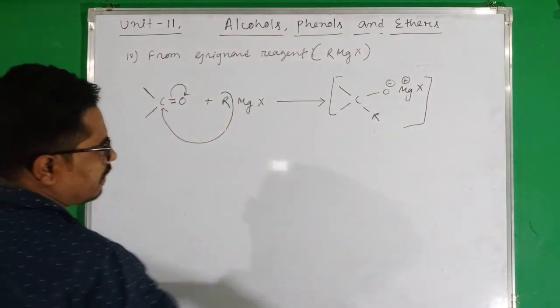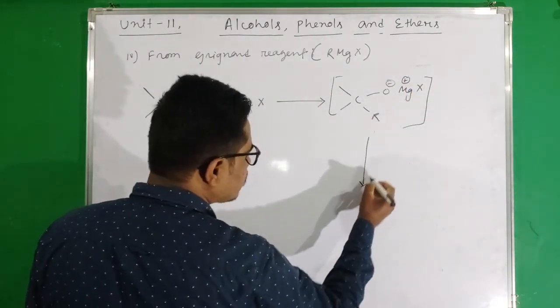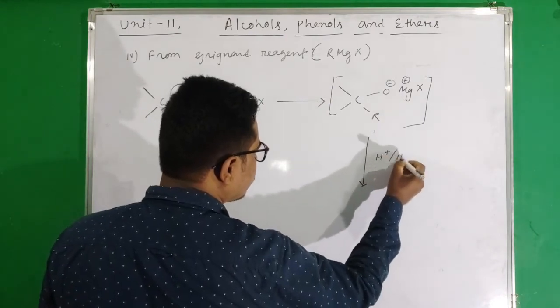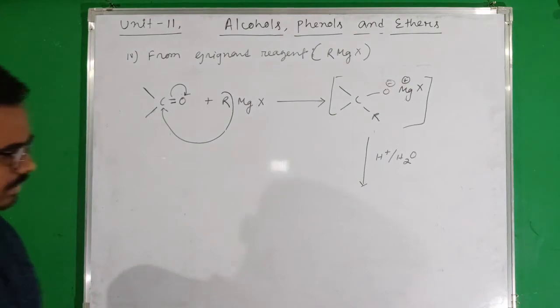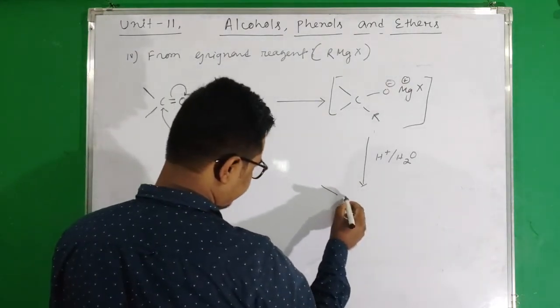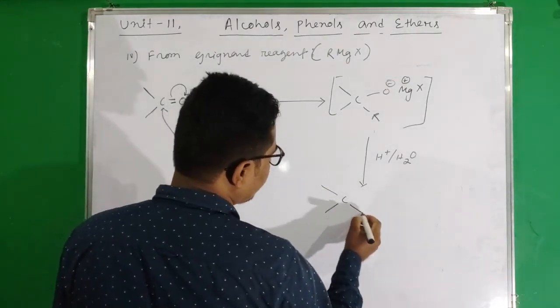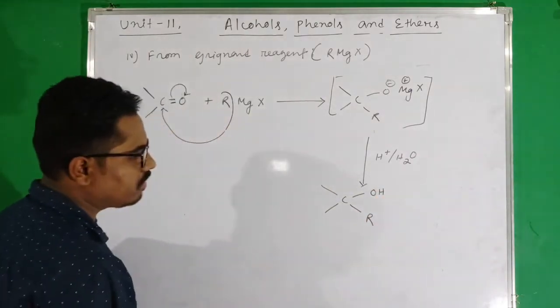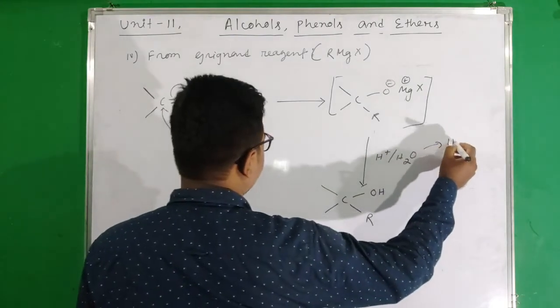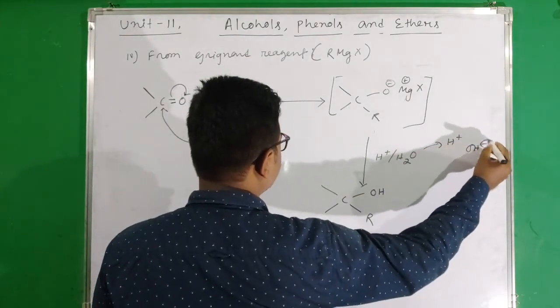Okay, in the next step, since salt is formed, we have to hydrolyze the salt, and after hydrolysis we will get the final alcohol. Okay, and water will break to form H positive and OH negative.